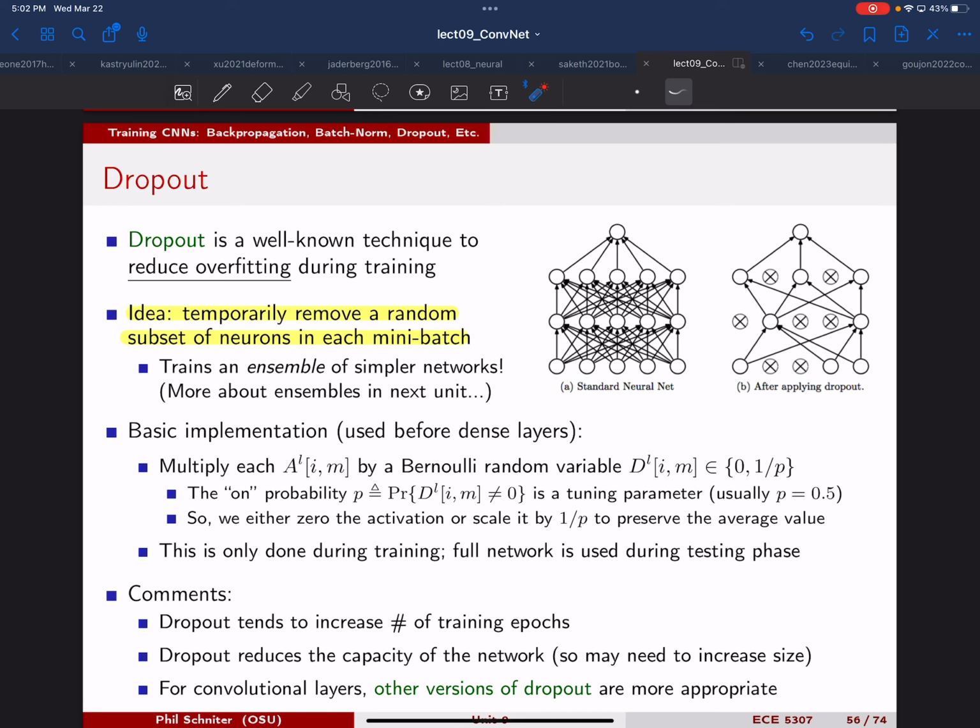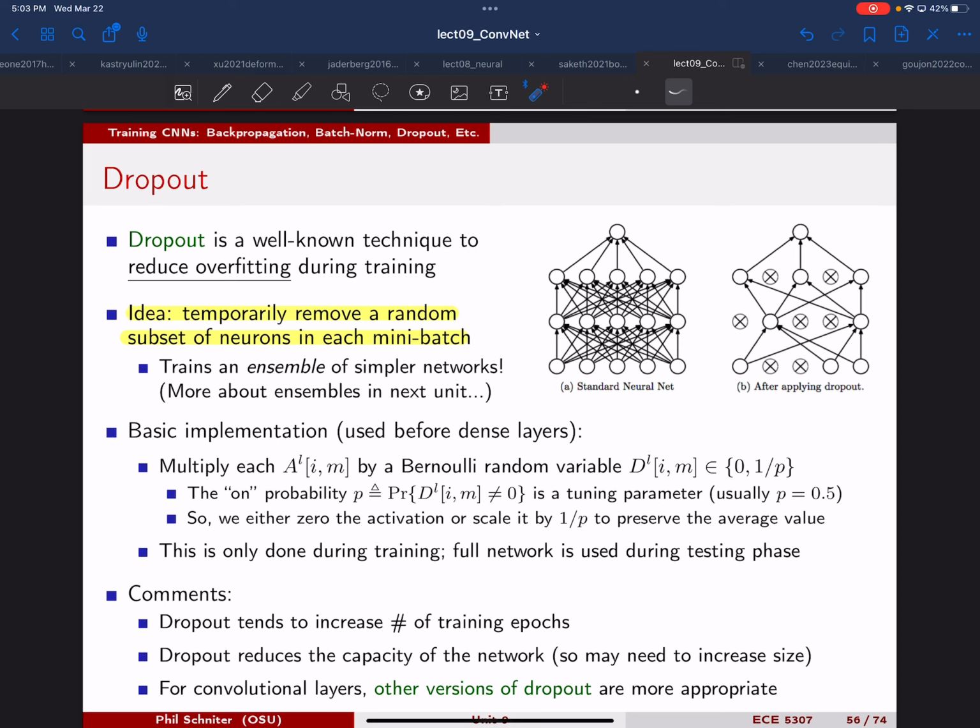There are different explanations of why this helps, but one convincing explanation is that when you do dropout, you're actually training an ensemble or a collection of simpler networks. This would be one of the many simpler networks you're training, and when you finally apply the network at test time, you're sort of averaging many of those simpler networks.